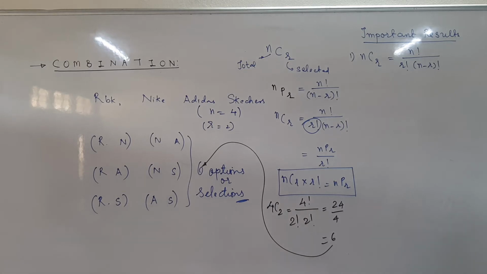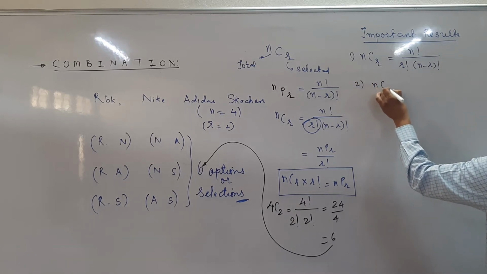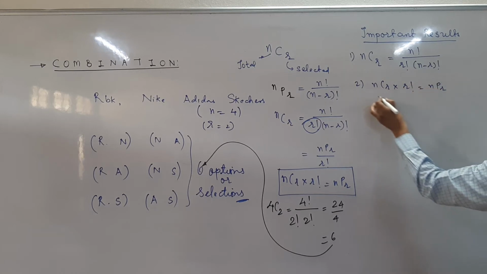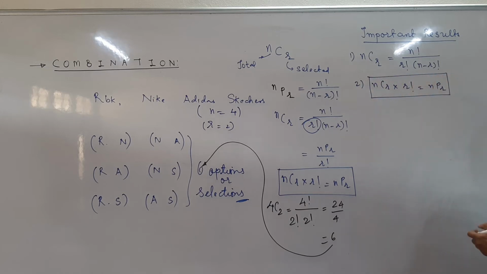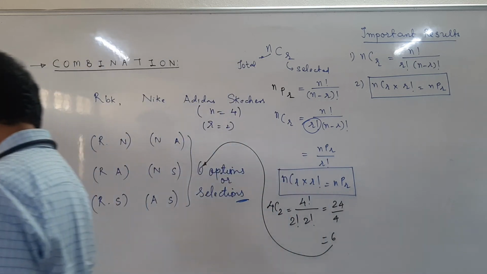If I divide the permutation formula by r factorial, students, I get the formula of combination. Second, on simple cross multiplication, you know this: NCR into r factorial gives NPR. NCR into r factorial, students, gives us NPR.